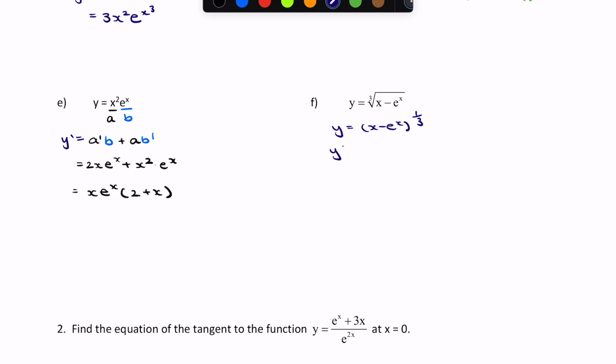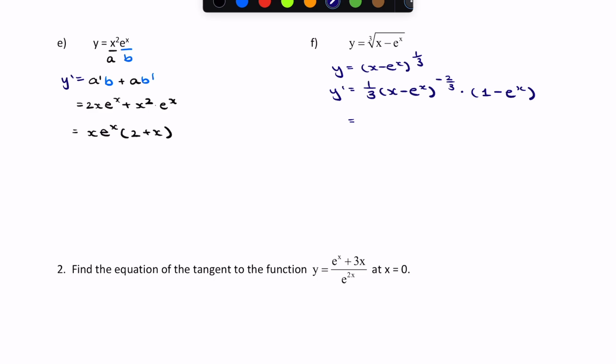So y prime is equal to bring down the outside and then get the derivative of the inside. So here we have 1 over 3 times x minus e to the power of x, to the power of 1 over 3 minus 1, which is negative 2 over 3, multiplied by the derivative of the inside, which is 1 minus e to the power of x.